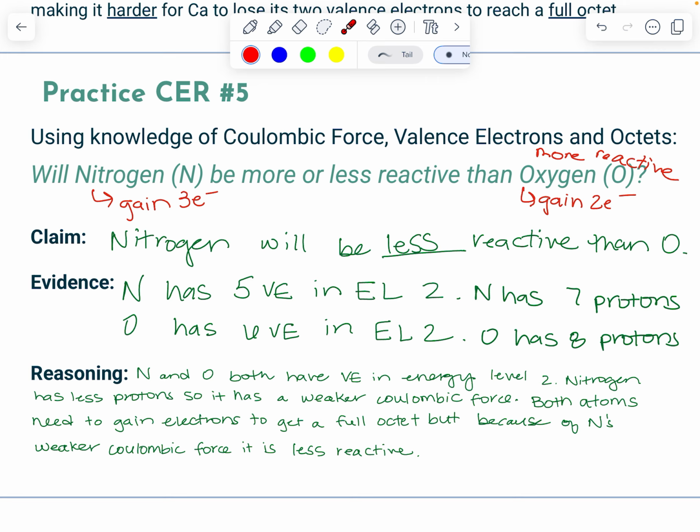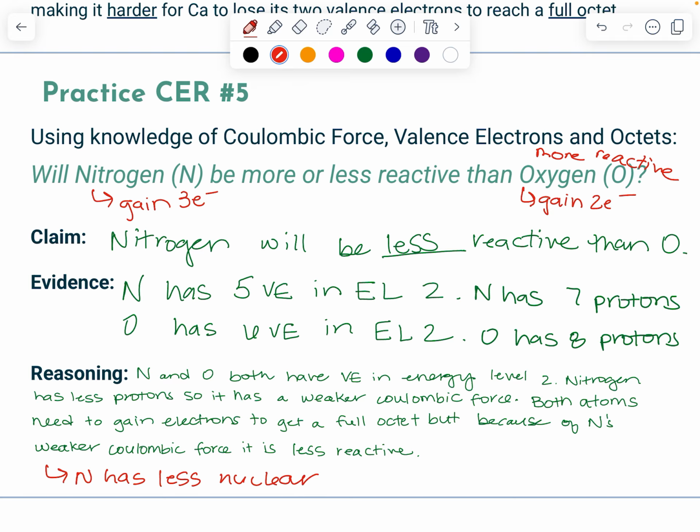So looking at my reasoning, nitrogen and oxygen both have valence electrons in energy level 2. So that proximity is the same. Nitrogen needs to gain electrons to get a full octet, but because of nitrogen's weaker Coulombic force, it is less reactive. So that weaker Coulombic force, I could have also included in here that nitrogen has less nuclear charge.